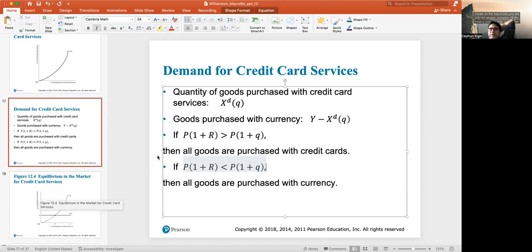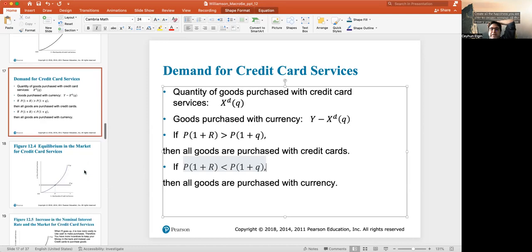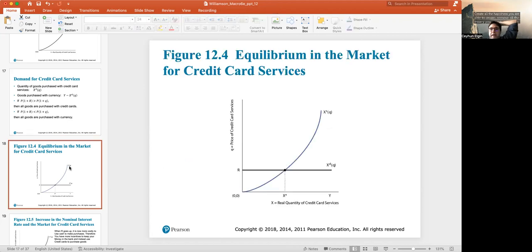Therefore, in equilibrium, if this holds, everything is going to be purchased with credit cards. If this holds, everything is going to be purchased with cash. And only when R is equal to Q, then someone is going to be indifferent whether to purchase a good with cash or credit card.